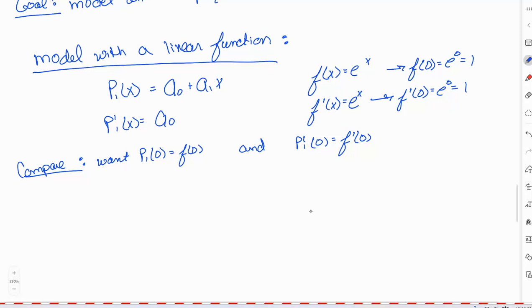So let's plug in what we know. I know that when x equals 0, f of 0 is 1. So if I plug this in, I'm going to have a naught plus a1 times 0, and that's got to equal 1.